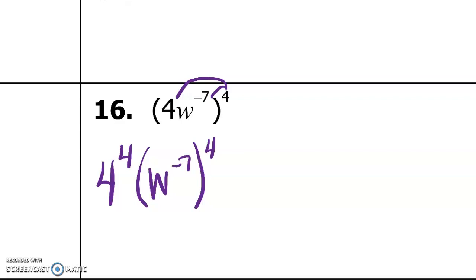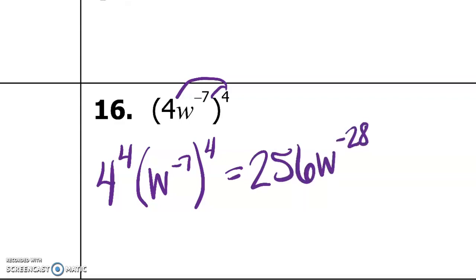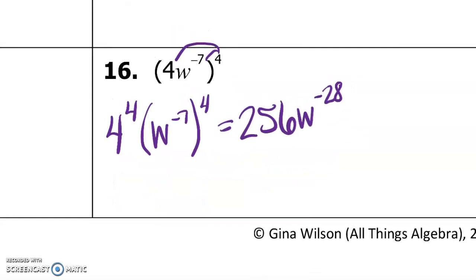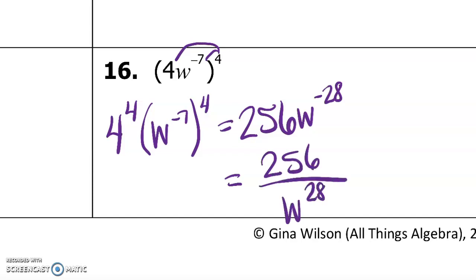So it just takes a little bit extra time to do it that way. So that gives us 256 w to the negative 28th. So again, that negative exponent needs to go to the bottom. 256 over w to the positive 28th.